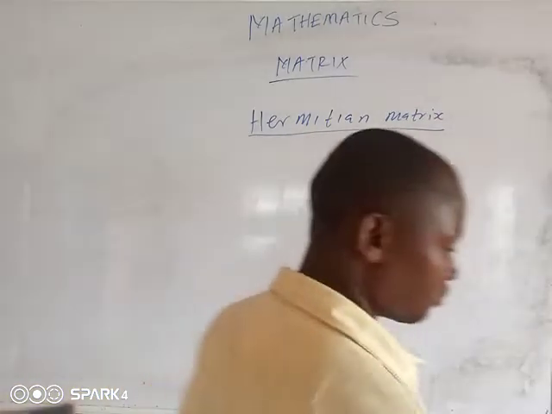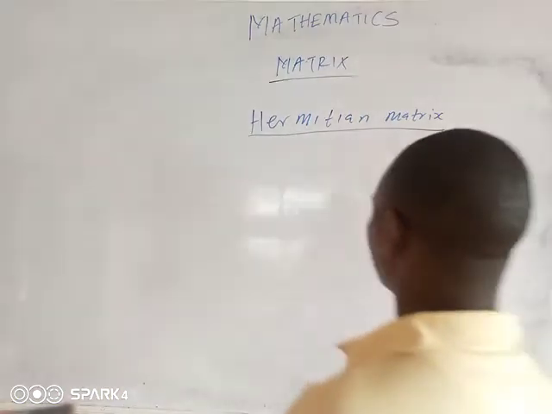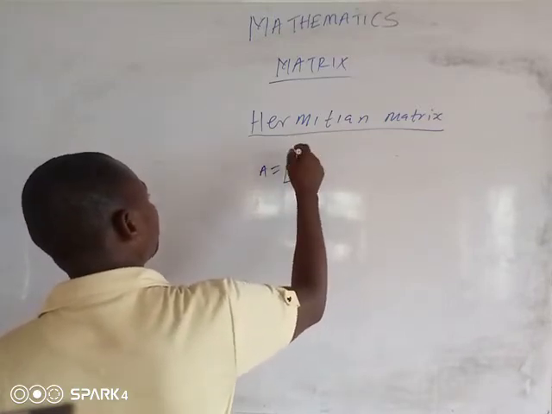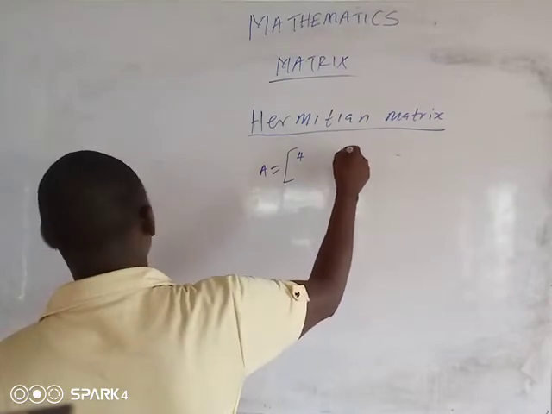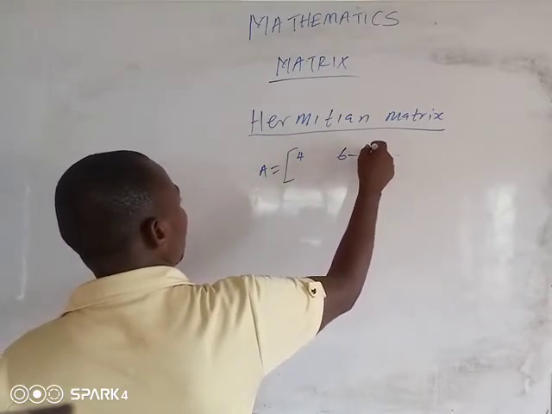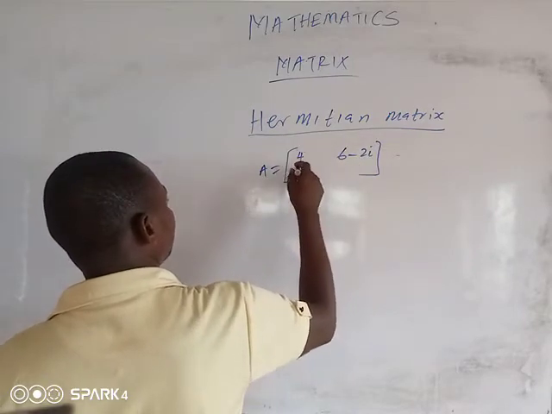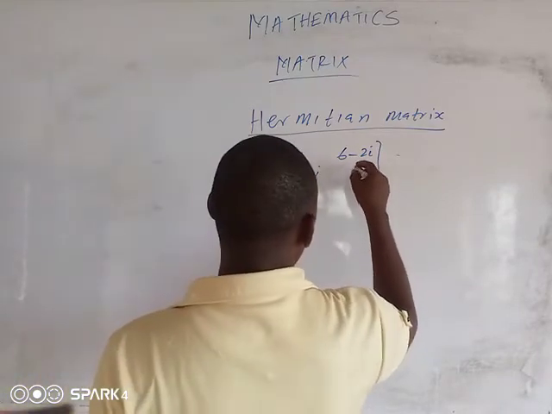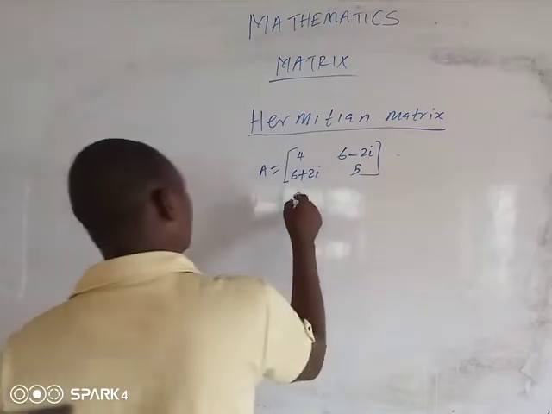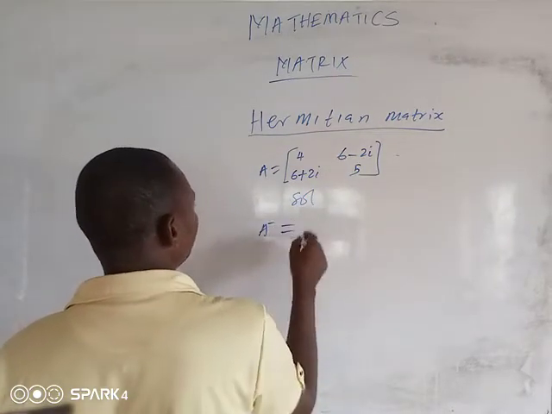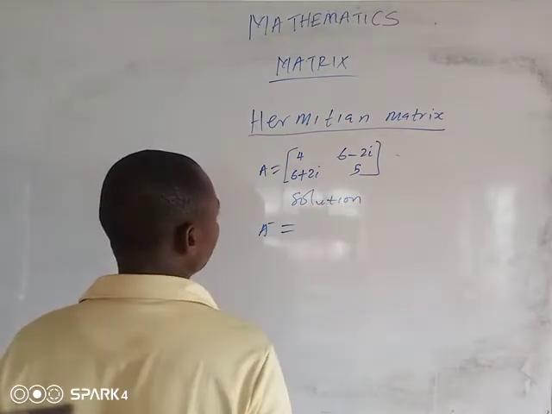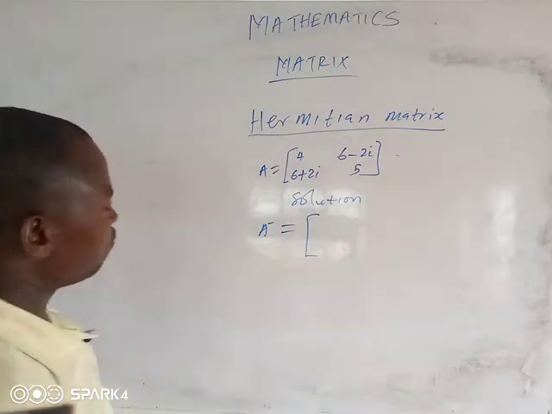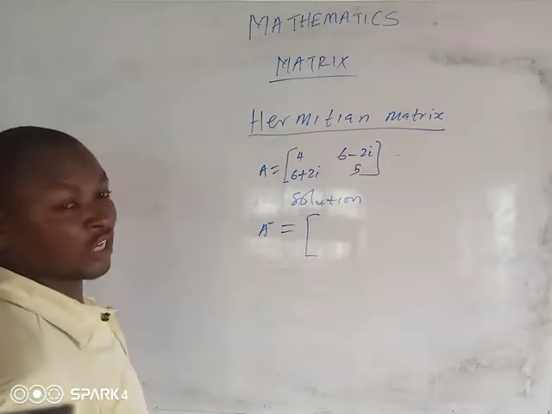Let's see some examples. Let's assume I have A to be 4, 6 minus 2i, 6 plus 2i, 5. Solution: don't forget that we must multiply with the minus before we do the transpose.